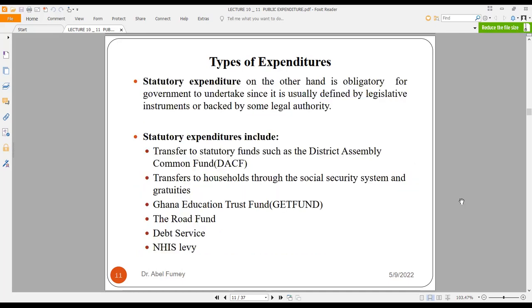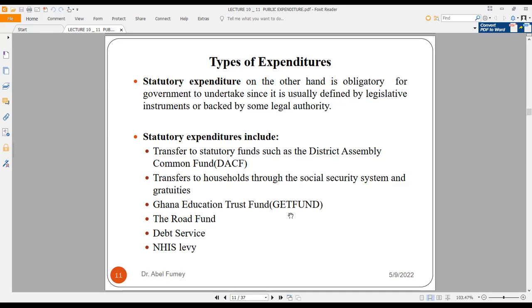And then for the statutory expenditure, those are compulsory. They are supposed to be undertaken by the government because they are backed by law. It doesn't matter which government, it doesn't matter their value judgment. This is what is required of them. Examples are transfers to the District Assembly Common Fund, the GET Fund, the National Health Levy, the Road Fund, and all that.